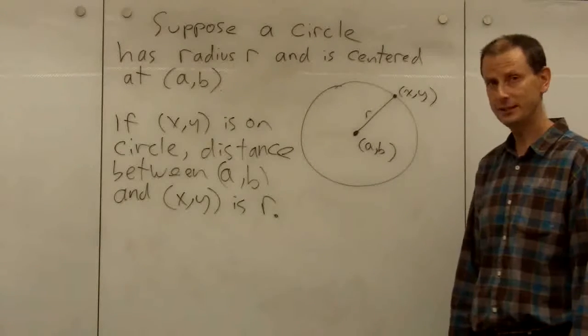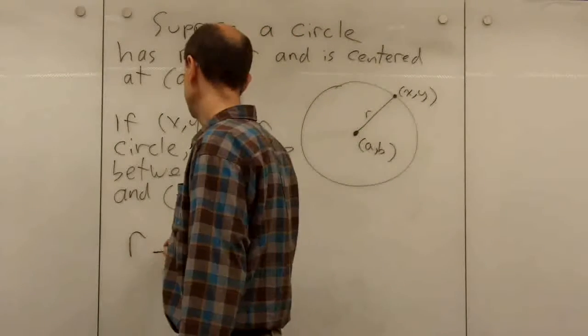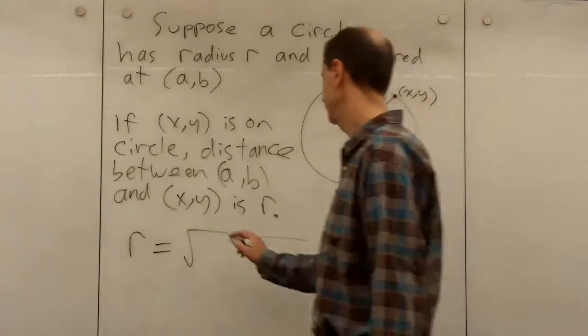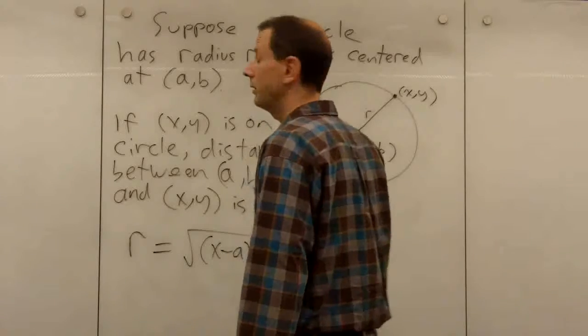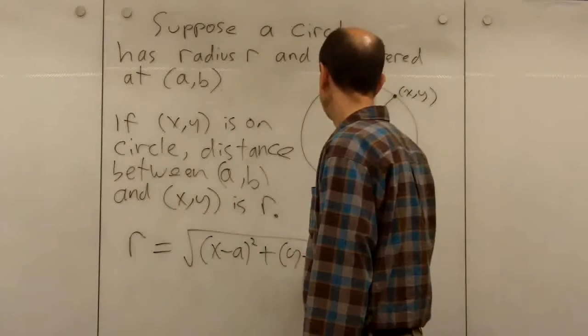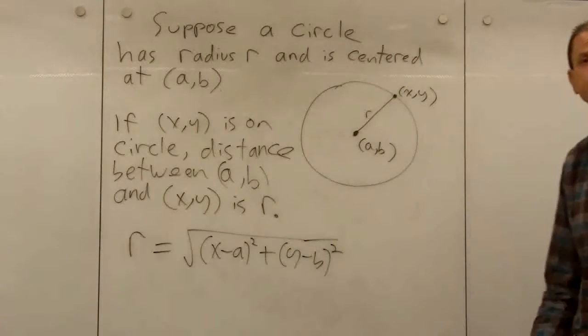So now by using the distance formula, we get that r, the distance, has to be the square root of the difference in x values, so of (x minus a) squared, plus the difference in y values, which is (y minus b), and then that needs to be squared as well.